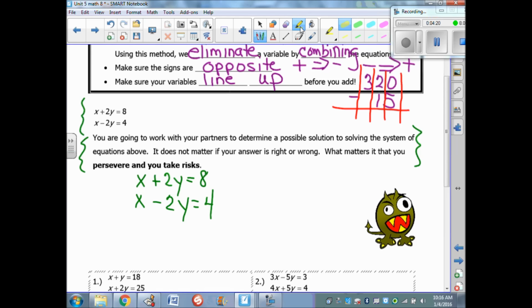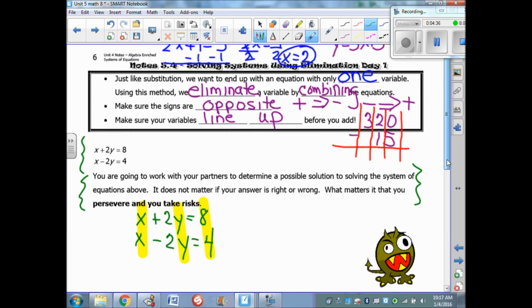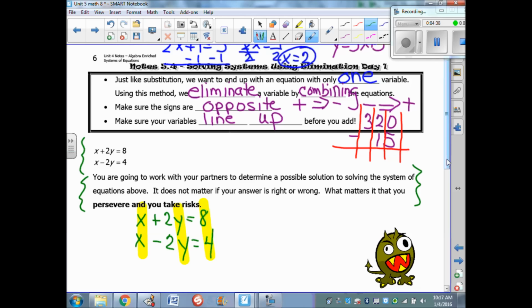Look at that, the x's line up, the y's line up, and the constants line up. So we're in good shape. Everything's lining up. Now we've got x's and y's in both equations, so we've got to eliminate either the x's or the y's. And we've got to look for opposite signs.